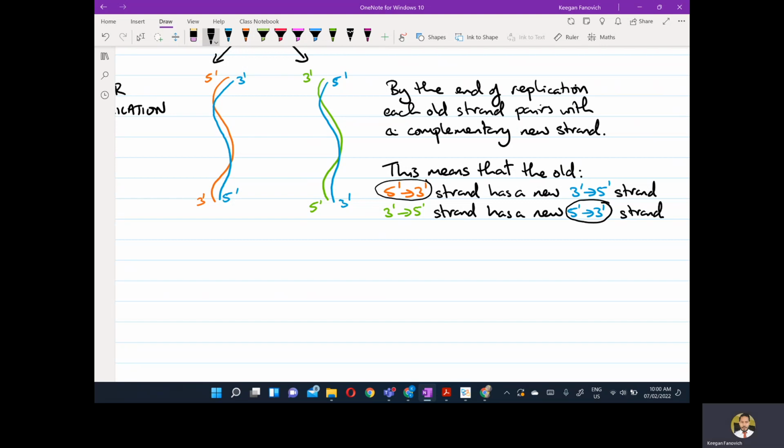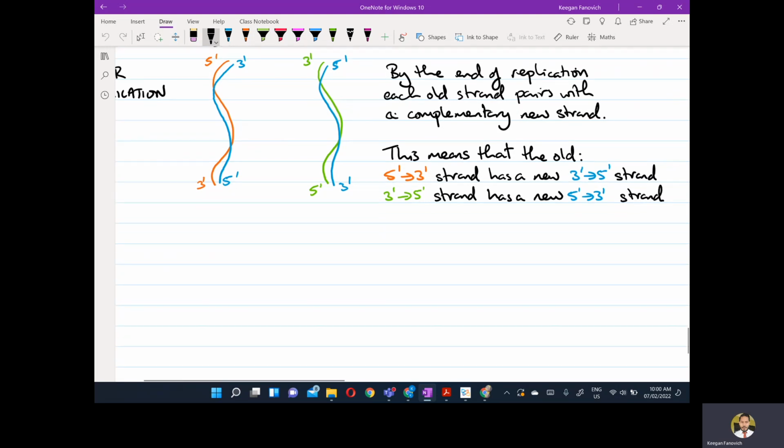And similarly, the old 3 prime to 5 prime strand is code for code the exact same thing as the new 3 prime to 5 prime strand. Okay, if DNA replication was accurate and there were no errors, there should be exactly the same thing.